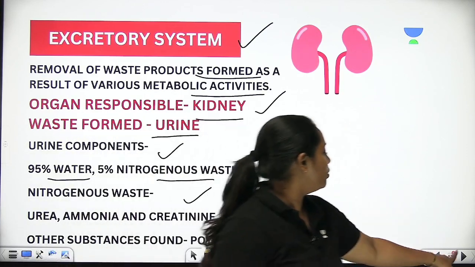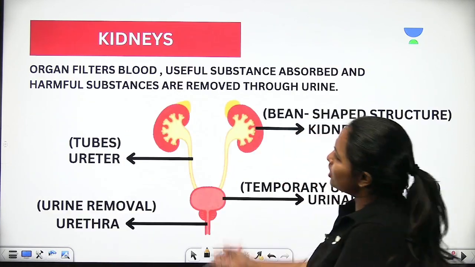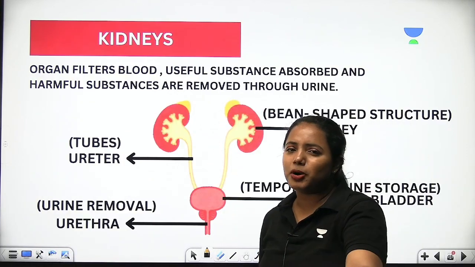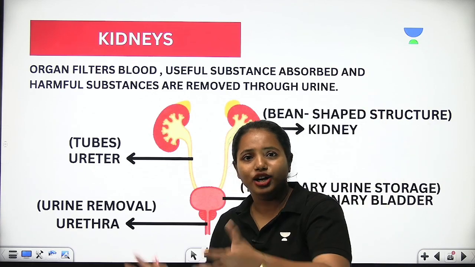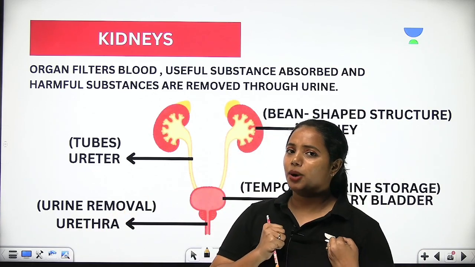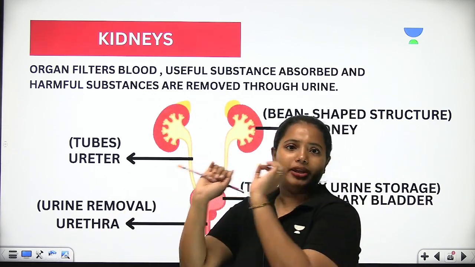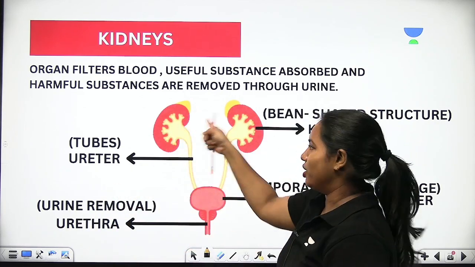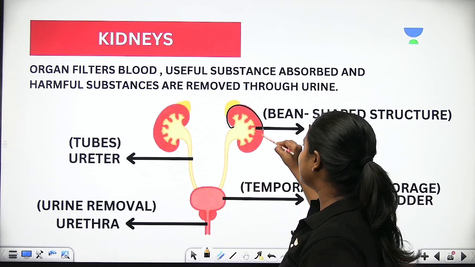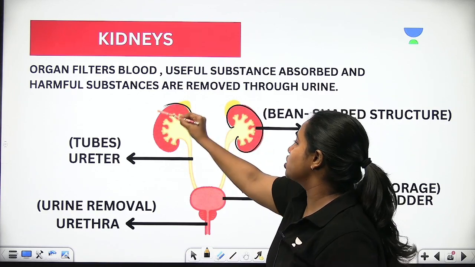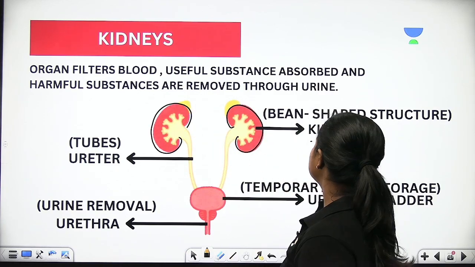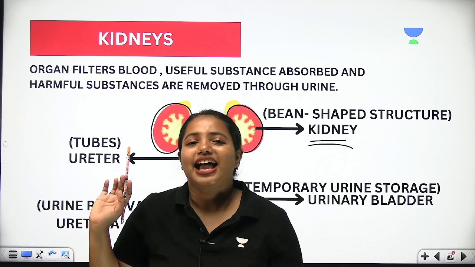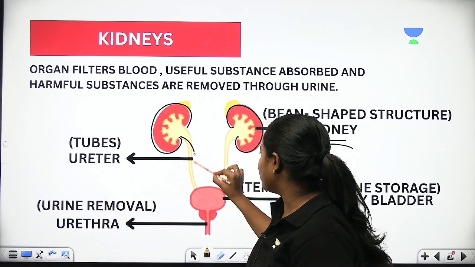And now we are moving towards the structure of the kidney. The kidney is responsible for filtering the blood; nutrients will be absorbed and the waste products will be removed. Clear? Now we are going to learn the structure of it. Here you can see two bean-shaped structures, known as kidneys, and there are two tubes coming out of them.